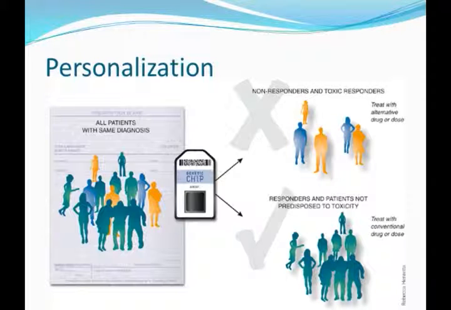Well, personalized medicine means we customize the treatments according to the genetic characteristics of a patient. So imagine you have a population of patients, and there's one group of patients for whom a certain medication that would be otherwise effective in that population really just doesn't work. In fact, it could cause toxicity.